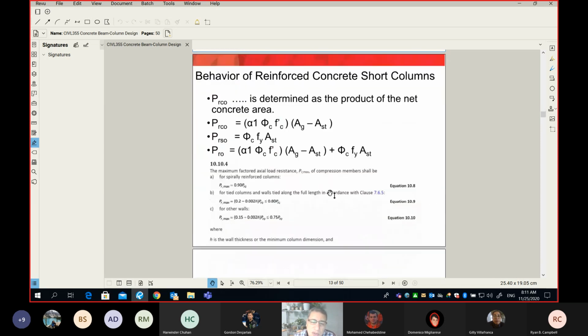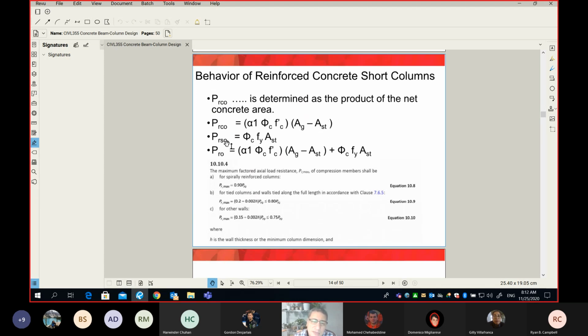And if we want to turn this into equations, here is the equation. For concrete, you have to multiply the stress by the area. So we talked about this yesterday, that the stress is alpha 1 multiplied by phi c, and then multiplied by f prime c. And this is the reduced stress in concrete, multiplied by the area of the concrete, which is the gross area of your column minus the area of the vertical bars.